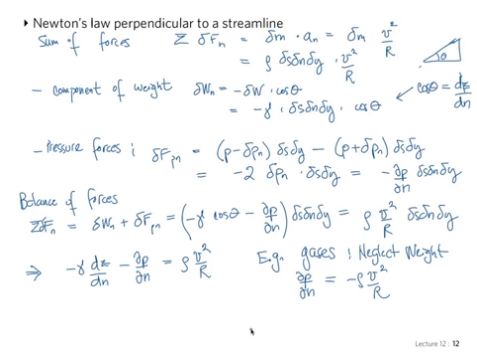which indicates that dP dn, if I have a curved streamline, I'm going to have a pressure that increases in the direction away from the center of curvature. So dP dn is in that direction, increasing away from the center of curvature, which explains our situation when you have a tornado. dP dn is going to be in that direction, which means the eye of the storm is the point of smaller pressure.